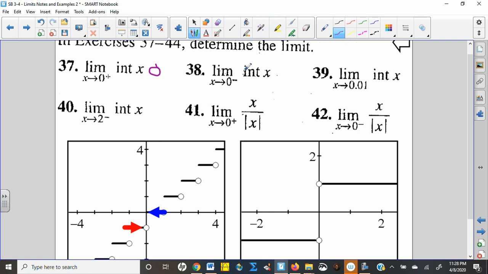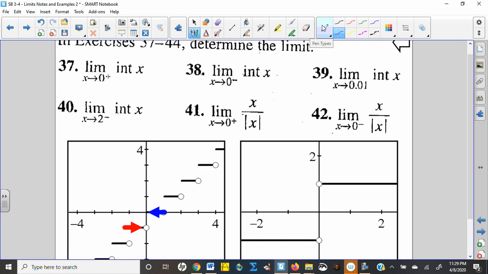And so, of course, the two-sided limit is not going to exist for this graph at 0, or any integer, because at every integer we have a jump discontinuity. And so because of that, you have infinitely many jump discontinuities. You're never going to have two-sided limits that exist at integer values. So I think that was a big part of what they wanted you to get out of this problem.